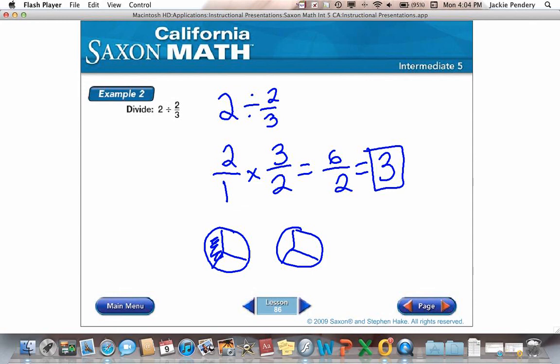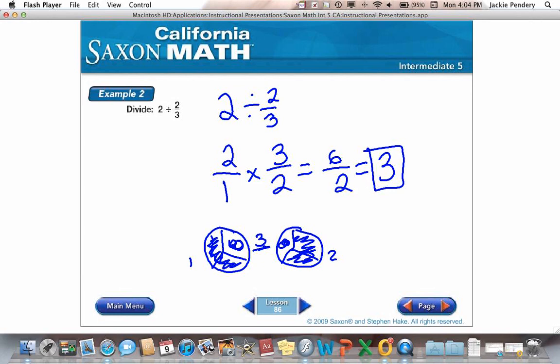So here is my first 2/3. Over here is my second 2/3, and 1/3 and 1/3 together make my third 2/3. So here's number 1, here's number 2, and these two together make number 3. So 2 divided by 2/3 equals 3.